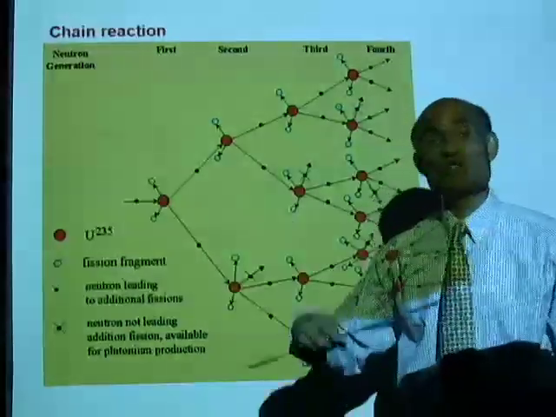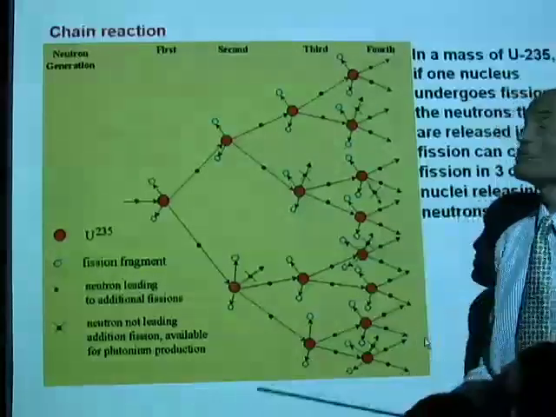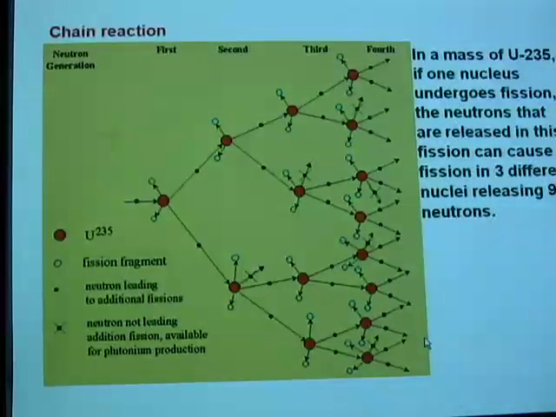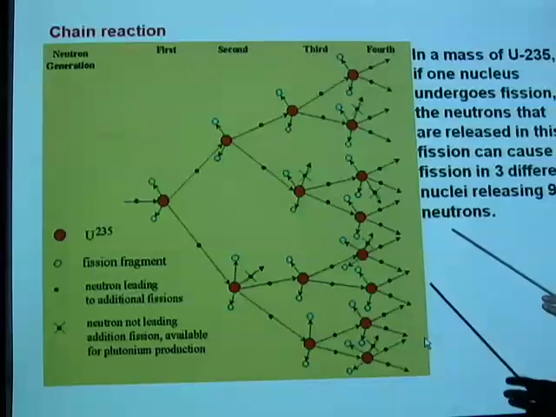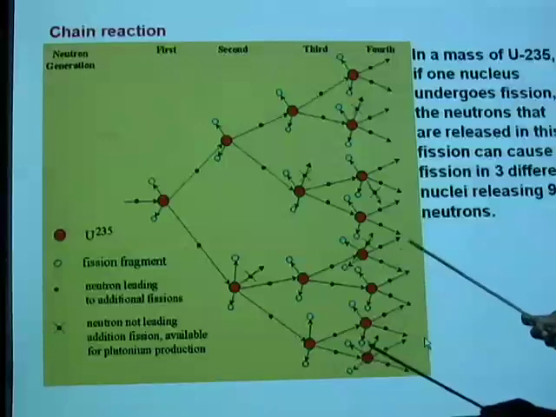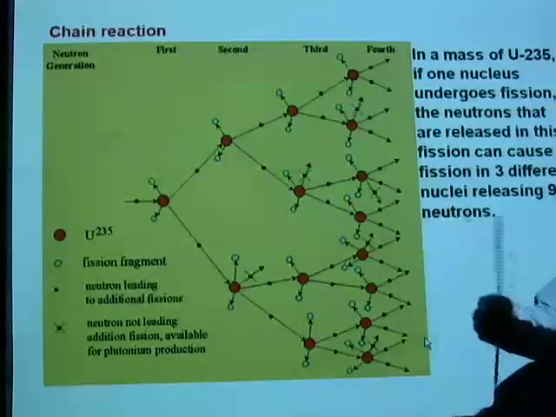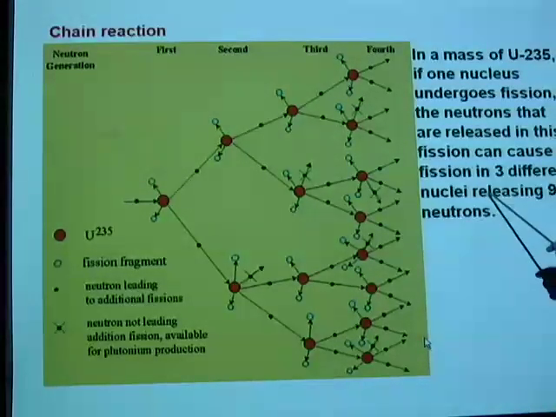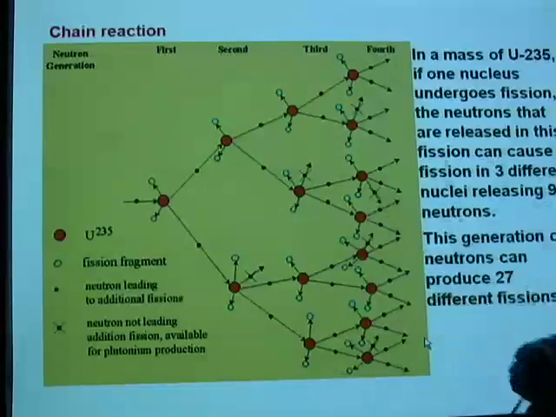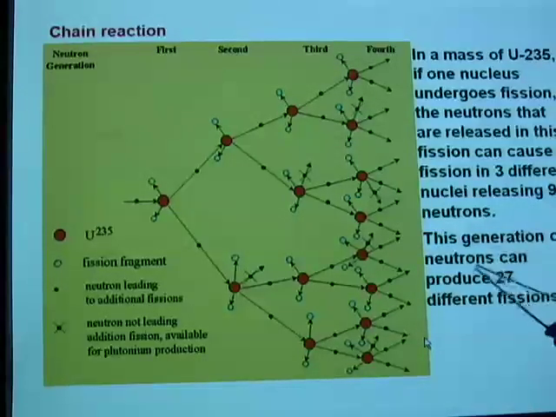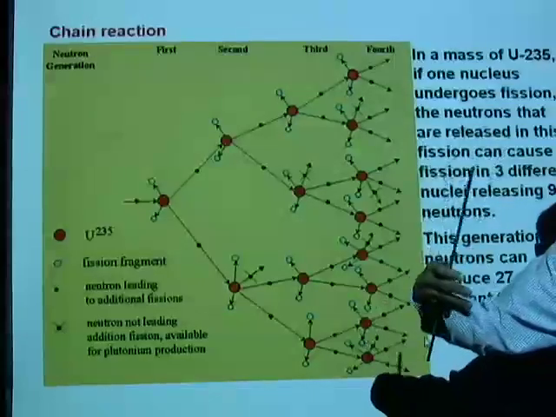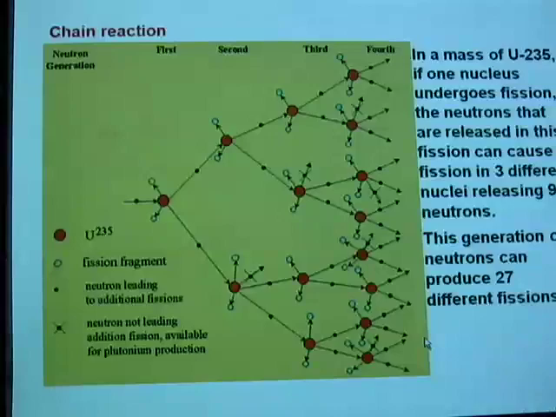This is what is called the chain reaction in nuclear energy. So in a mass of uranium-235, if one nucleus undergoes fission, the neutrons released can cause fission in 3 or 2, depending on the number of free neutrons, different nuclei, releasing more neutrons. The generation of neutrons can produce 27 different fissions as we go on, and 81, and so on.